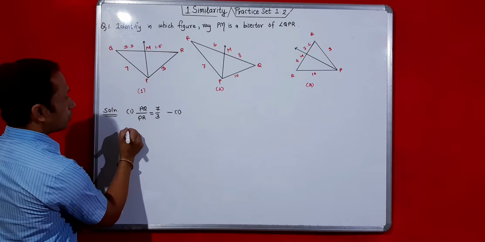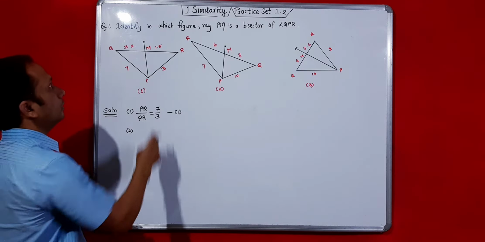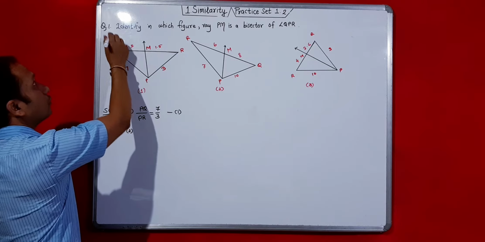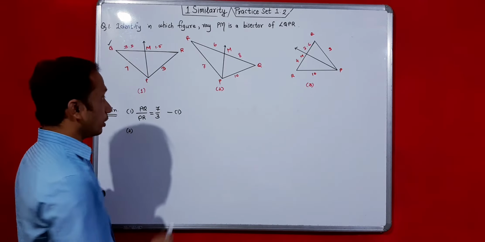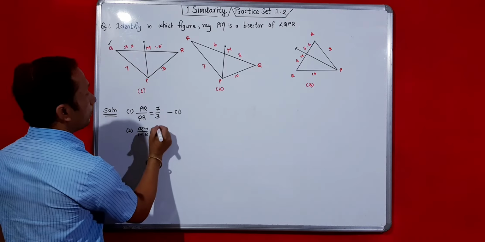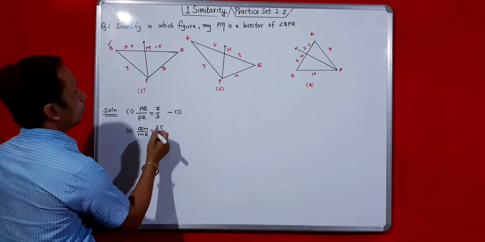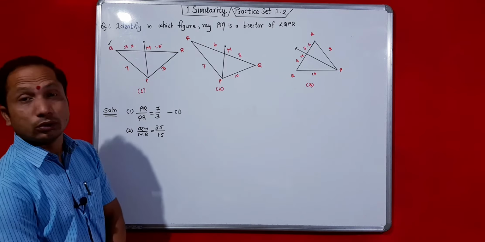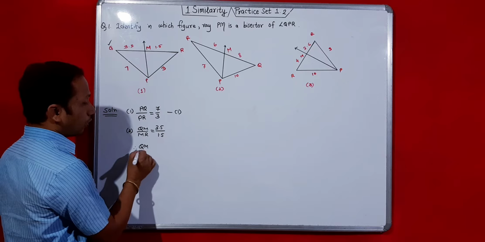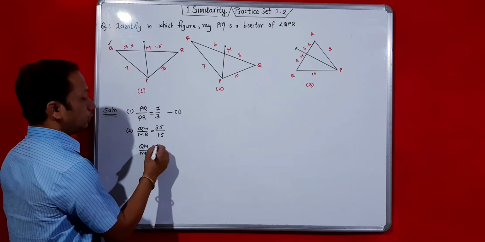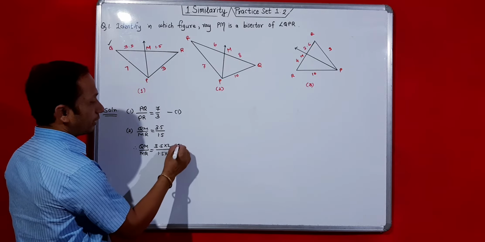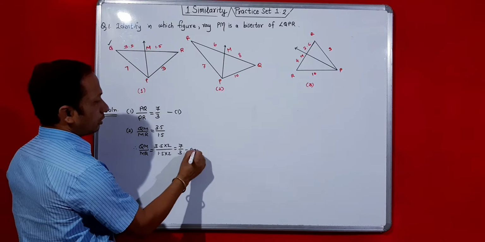Second, I am writing PQ upon PR, so then I have to take QM upon MR. Don't forget, QM upon MR. QM is 3.5 upon 1.5. Multiply numerator and denominator by 2. So QM upon MR is equal to 3.5 into 2 upon 1.5 into 2, and I will get 7/3. This is number 2.